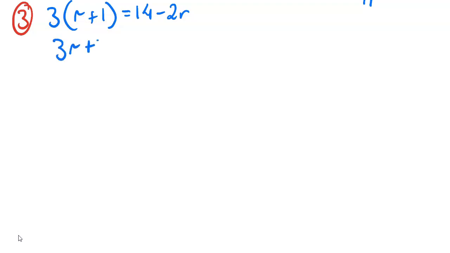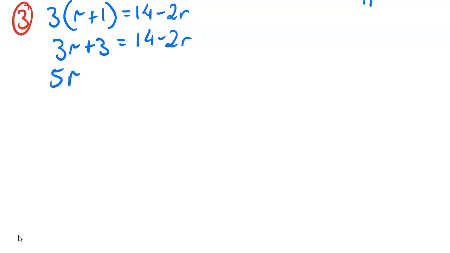To give me 3r plus 3, because that was 3 times r, plus 3 times 1, equals 14 minus 2r. Okay, so now I'm looking at this and I could subtract 3r from both sides, or I could add 2r to both sides. I might add 2r to both sides, so I keep that nice positive number.